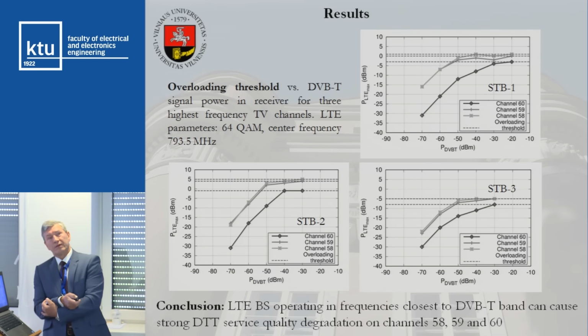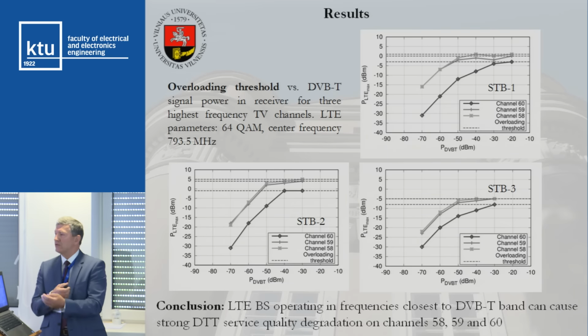We see that when we increase DVB-T power, P_LTE increases and reaches the threshold above which increasing the wanted signal does not lead to increasing quality of reception.